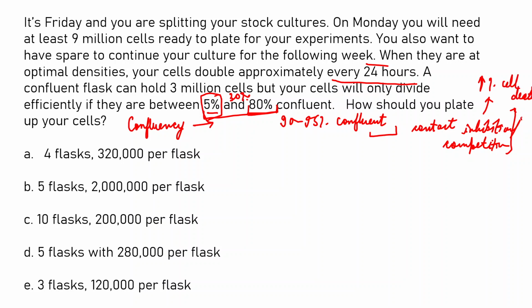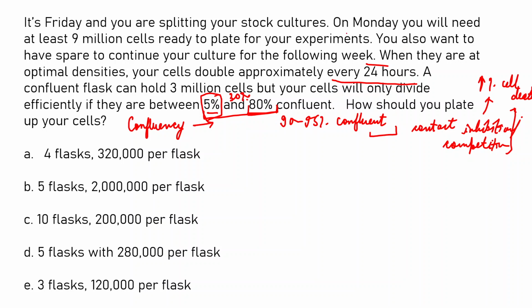So you will have more dead cells as compared to your healthy cells. So it is always prudent to maintain confluency somewhere around 80%.